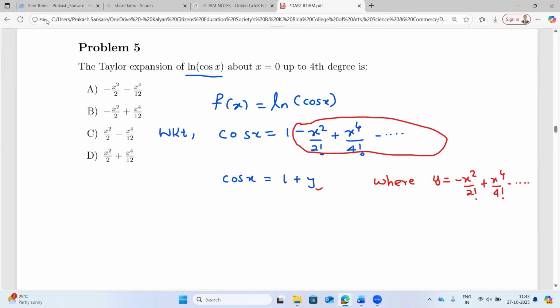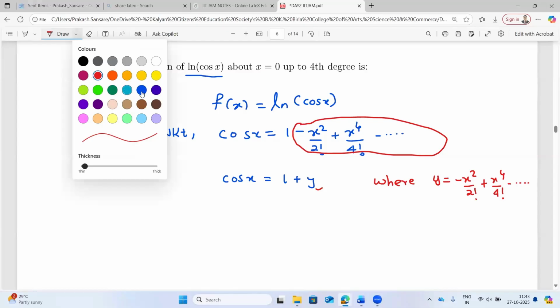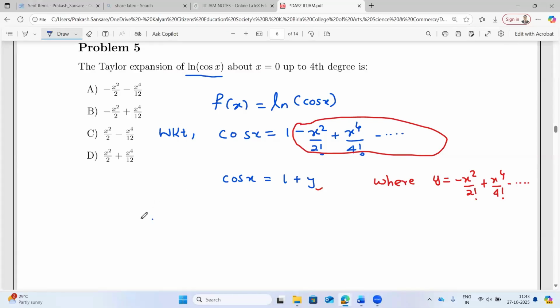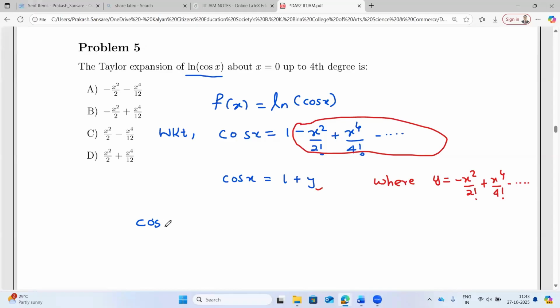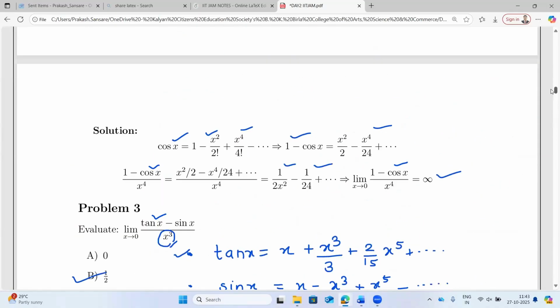So cos x is equal to 1 plus y. I need to find the Taylor series expansion of ln cos x up to 4 degree. So I'll take ln on both sides. So ln of cos x is equal to ln of 1 plus y. And we know the standard expansion of ln of 1 plus y. I think I have written it here.